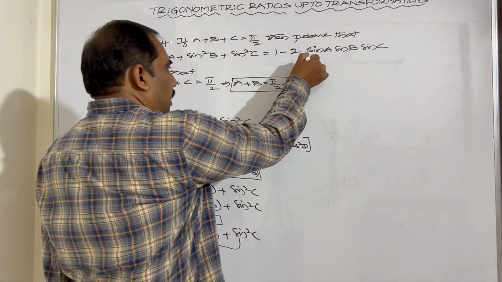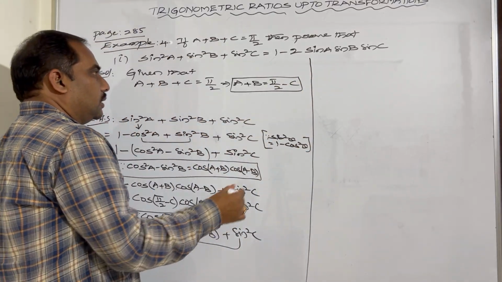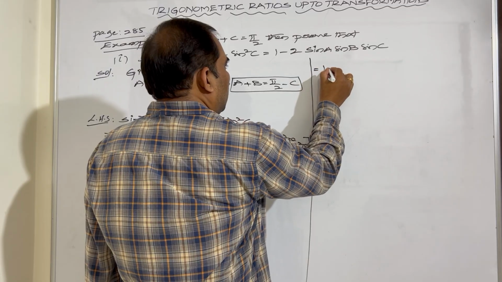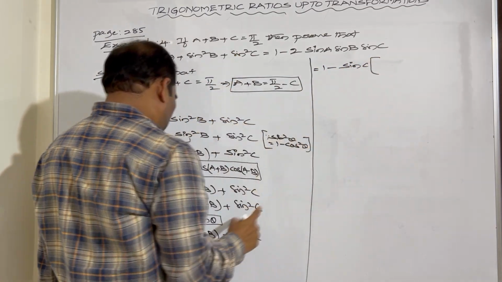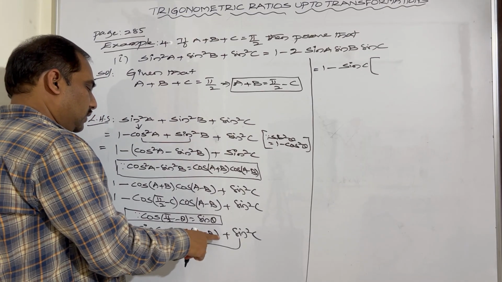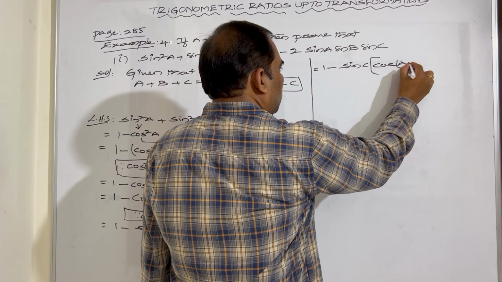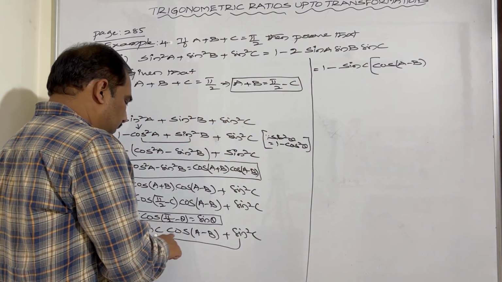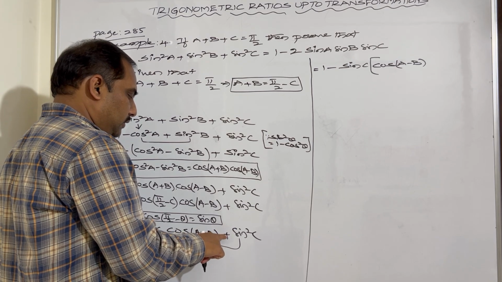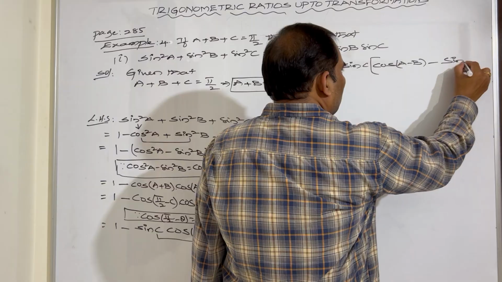So if you take minus sin c common from these two terms, we get 1 minus sin c, taking common, then we get cos of a minus b as it is, and here when you take minus sin c common, already plus is there, so it becomes minus sin c.